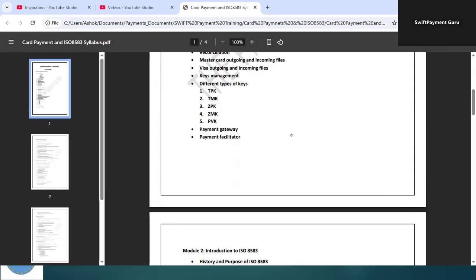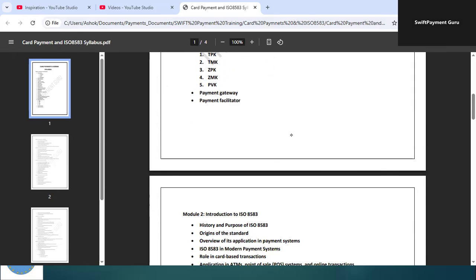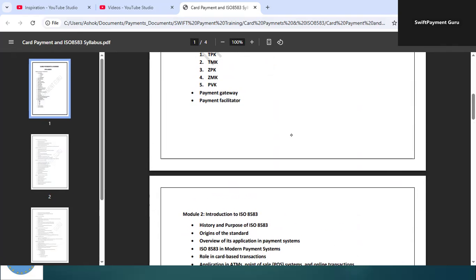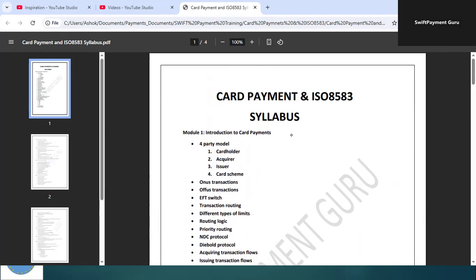We'll learn about these keys very thoroughly and understand each of the respective use cases with flow diagrams as well. We'll learn about the payment gateway for card payments and the payment facilitator, and this would be all that we need to understand from card payments.